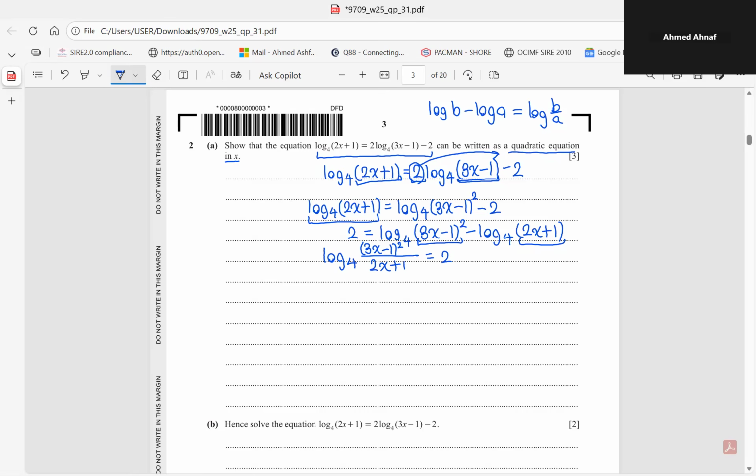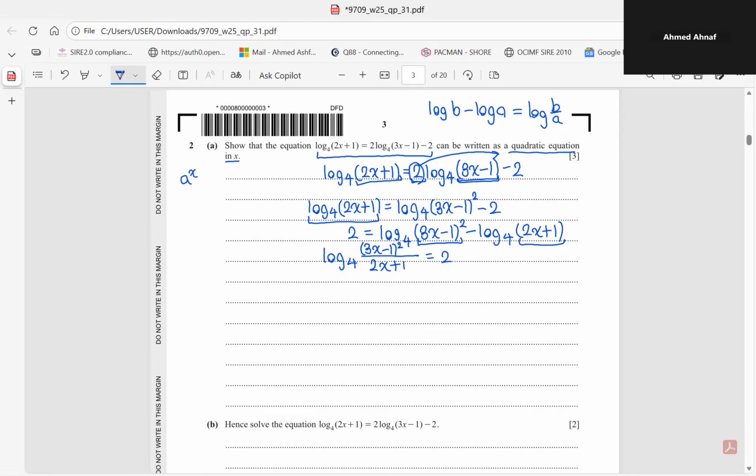Okay, so now when we have a log on one side and a constant on the other, we can rearrange this so that we can get rid of the log. This comes down to the very fundamental law that we learned.